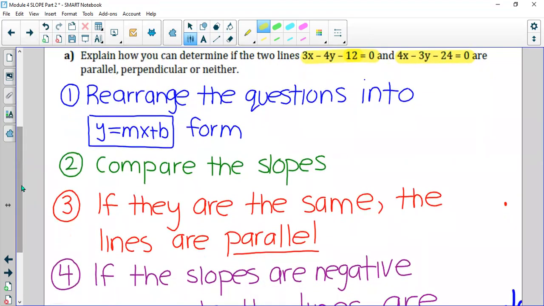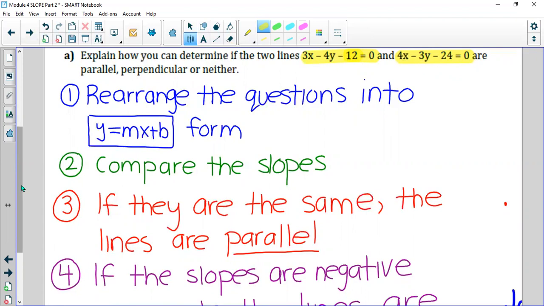The question is explain. Sometimes I'm not going to ask you on the midterm to solve, but I'm going to ask you to explain your steps using words. An example of that is: explain how you can determine if the two lines 3x minus 4y minus 12 is equal to 0, and 4x minus 3y minus 24 is equal to 0 are parallel, perpendicular, or neither.